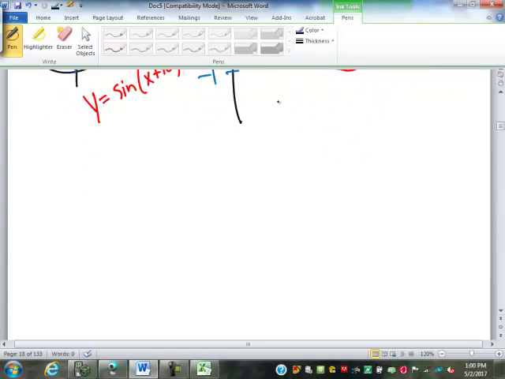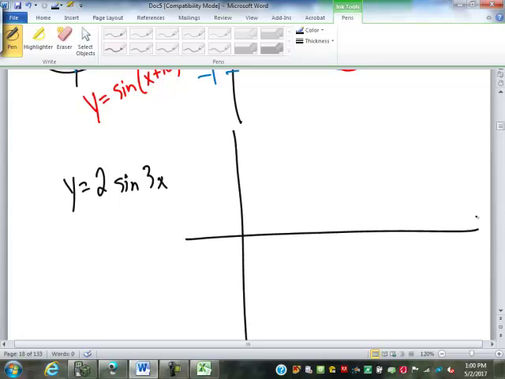So what if I give you y equals 2 sine of 3x? Amplitude is 2. And 3 cycles.